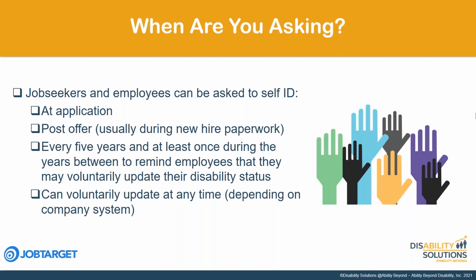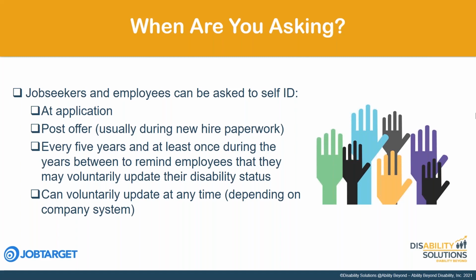So there are actually 4 different times that self-identification can occur. The first being at the application. During that initial job application, applicants are going to get that voluntary self-identification form, usually in a digital format. It's going to ask them if they're a person with a disability and provide them with 3 different options.